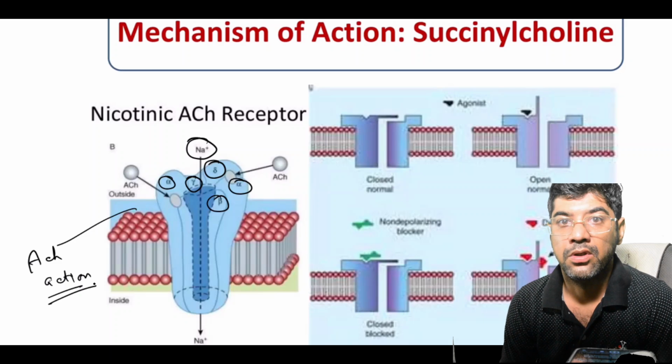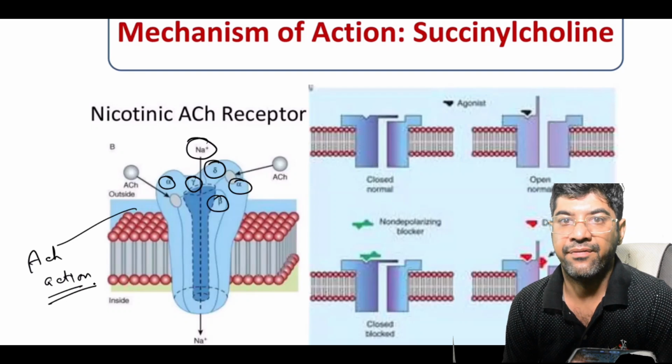So competitive non-depolarizing blockers prevent muscle contraction by binding to neuromuscular cholinergic receptors at the muscle end plate, blocking acetylcholine from binding and opening the sodium channels. Acetylcholine released from motor nerves cannot activate the receptor, so the end plate potential does not reach the level needed to trigger a muscle action potential.